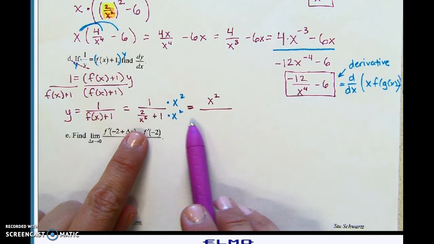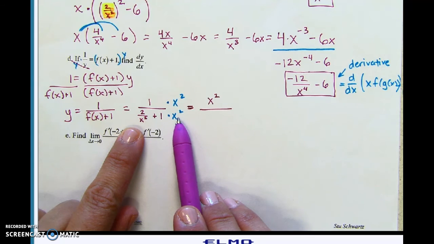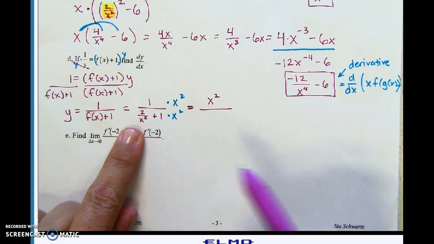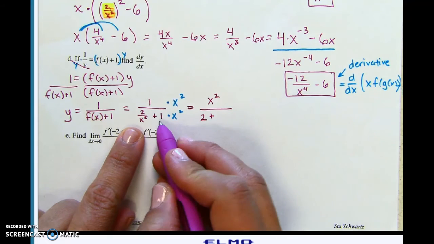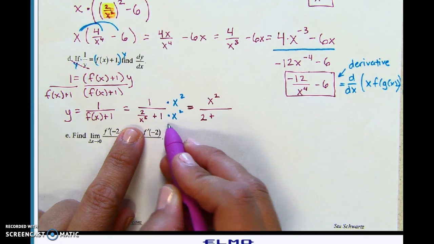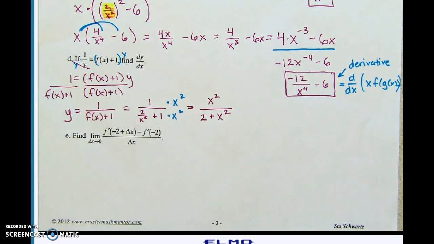Okay. The 2 over x squared times x squared, the x squareds will divide out and we'll be left with a 2. But then we also have to multiply the 1 times the x squared. So that's that. Now, is that better to take the derivative of?